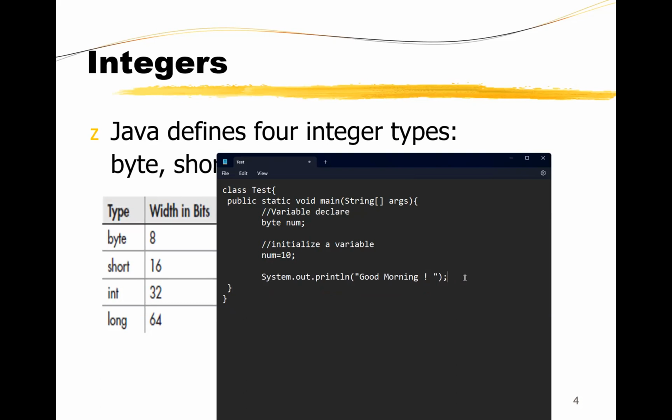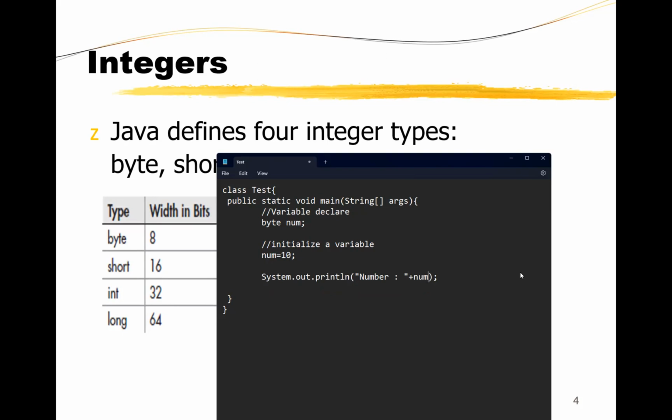And then right thereafter you could display the value, the variable value, the number, and then you can have plus and the variable name.